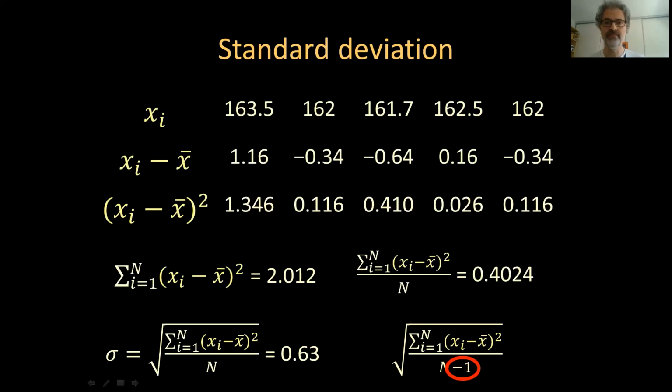So instead of dividing by the number of observations, we divide by 1 less than that. And then this result, this number, is the sample standard deviation, which is symbolized with the Latin letter S. And this is really what we've been aiming at. This is the standard deviation that we can use as an index of variability or an index of dispersion for our set of measurements.